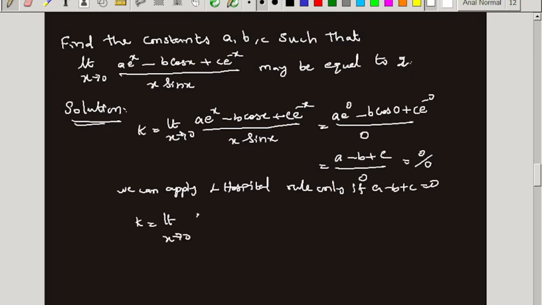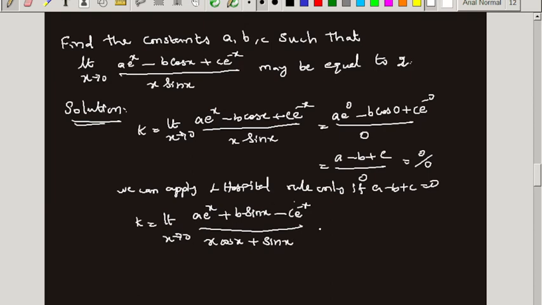The derivative of a e^x is a e^x, the derivative of minus b cos x is plus b sin x, and c e^(-x) differentiates to minus c e^(-x). In the denominator, we apply the product rule: x sin x differentiates to x cos x plus sin x times 1.